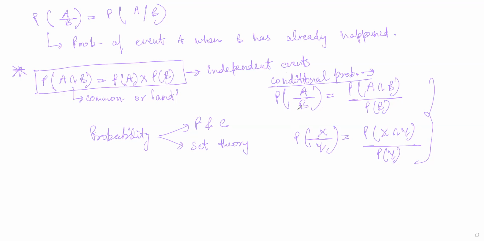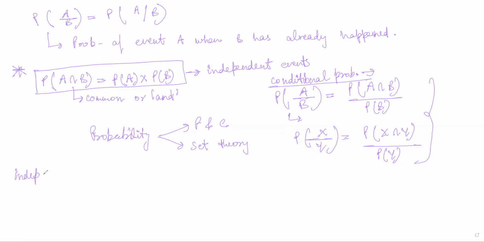So A by B can be defined as probability of A intersection B divided by probability of B. Now, if the events are independent, it only means that the condition you have applied, in this case that event B has already happened, should not have any effect on the probability.